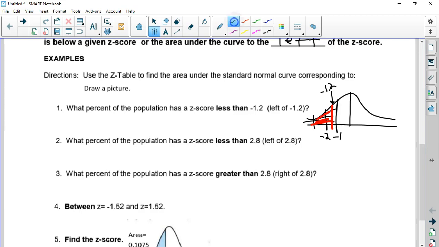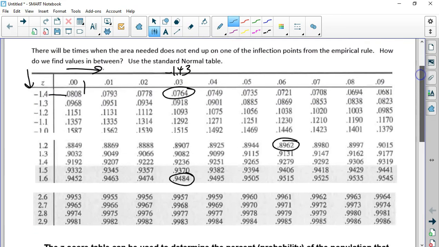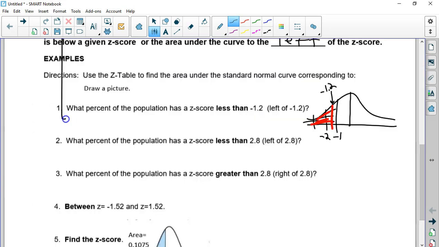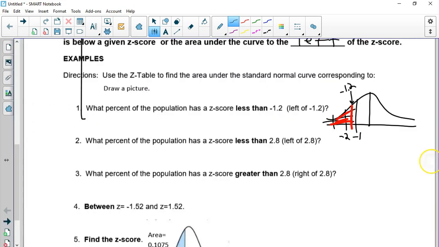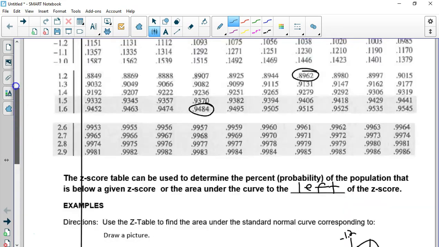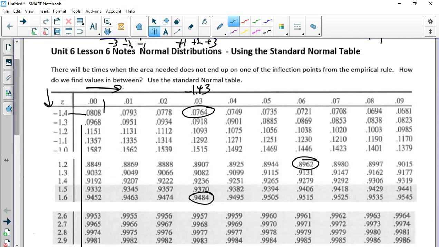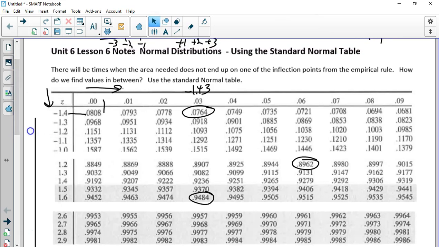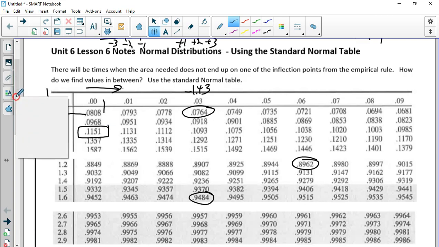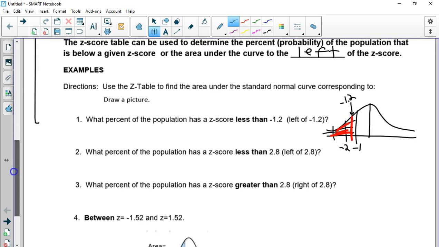Well, what we do is we go back to our table, and we're going to look up -1.20. I'll put boxes instead of the circles I did earlier. So that's 0.1151.